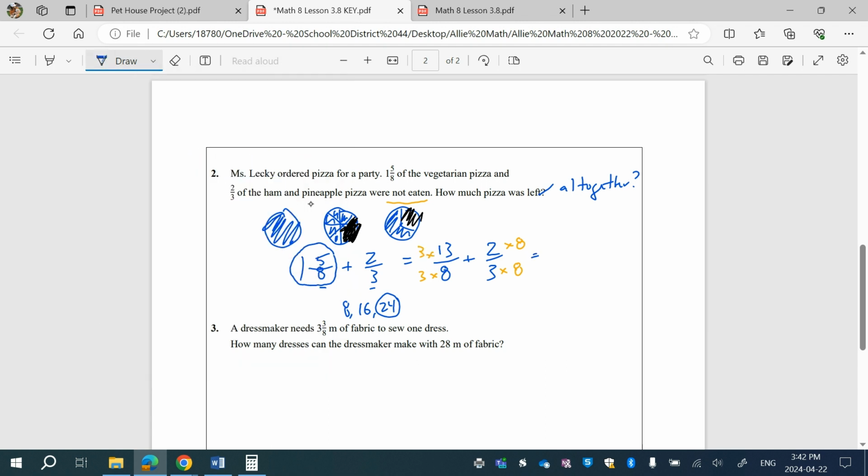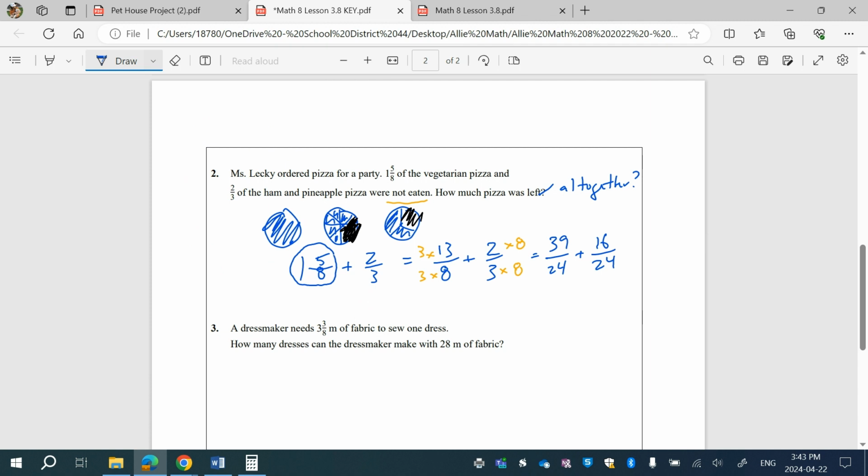We get 39. That's 3 times 13 over 24. That's 3 times 8. Plus 2 times 8 is 16 over 3 times 8 is 24. Now this can be tough because we're remembering lots of things all at once.